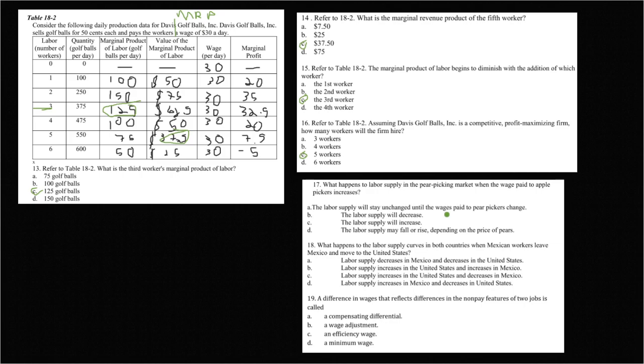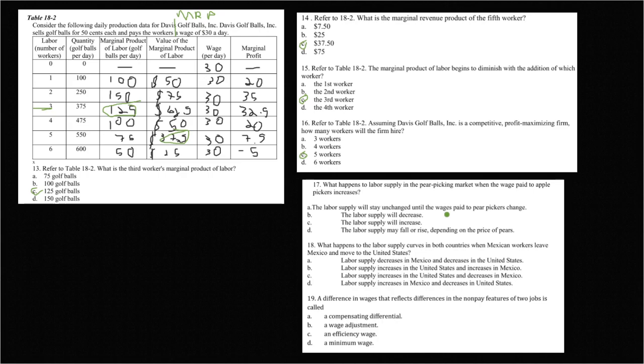So what happens to the labor supply in a pear picking market where the wage paid to apple pickers increases? When the wage for something else increases and they are similar things, right?